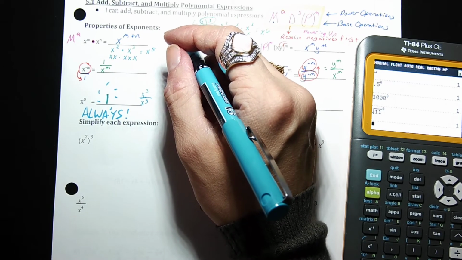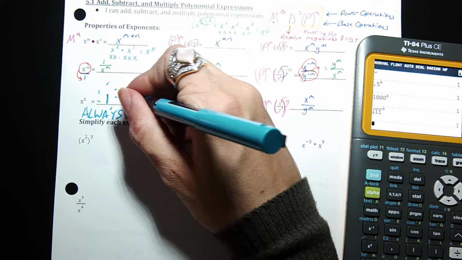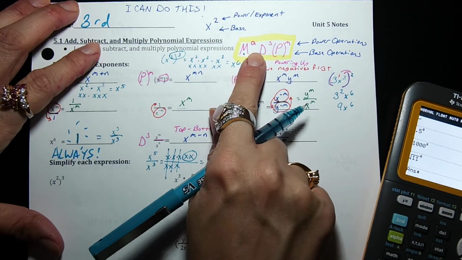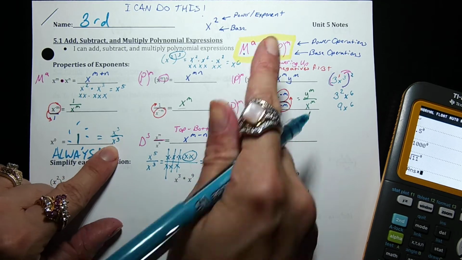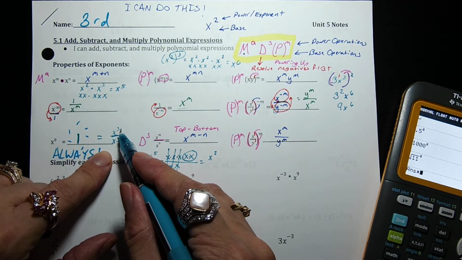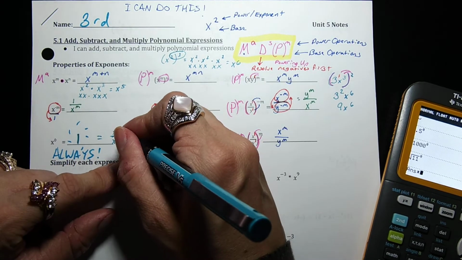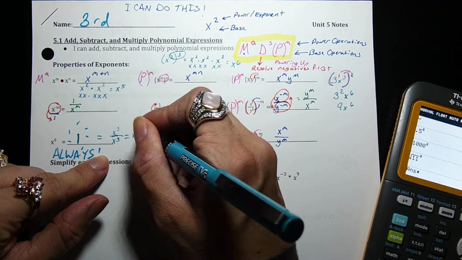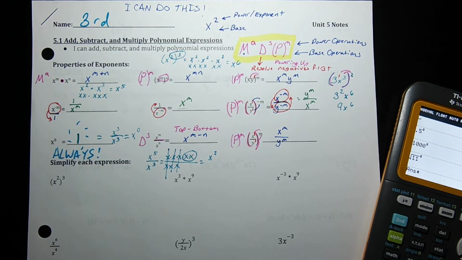Same thing over itself. 1. But if I use my D to the S part of MADSPAM, this says if I am dividing, we can subtract the exponents. And 3 minus 3 gives me 0, so that is why it is equal to 1.